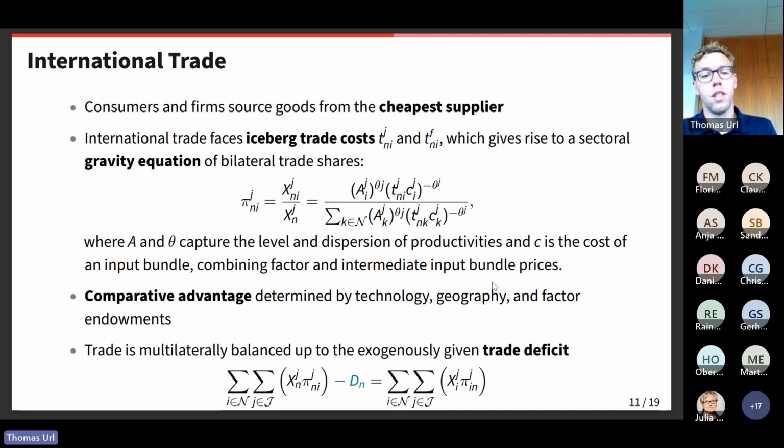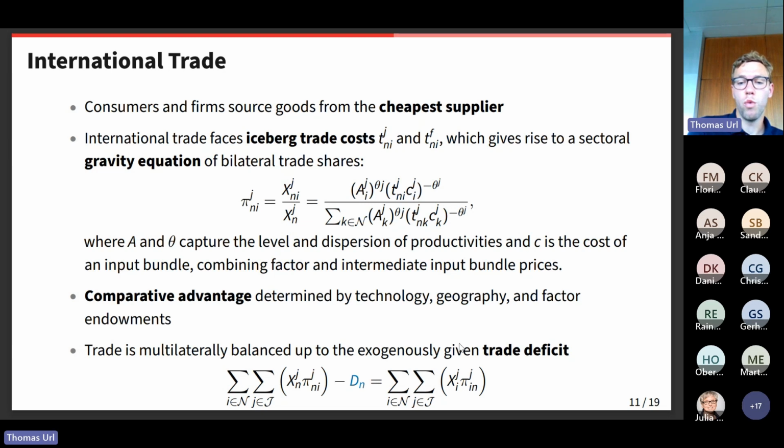So then trade is balanced in the model in a way that we can only buy as much as we sell. This is relaxed by the trade deficit.